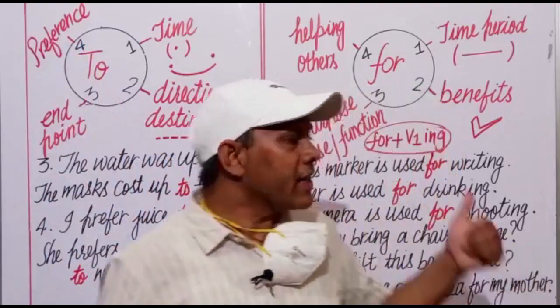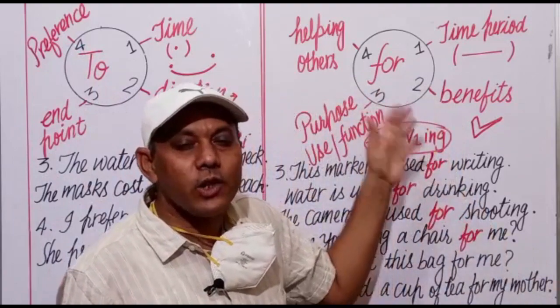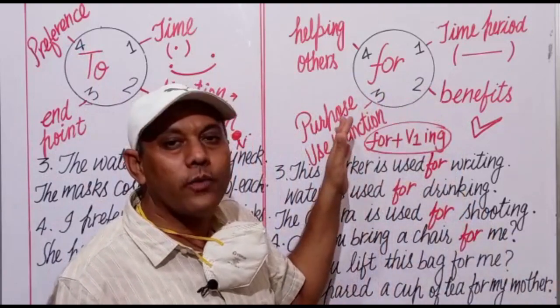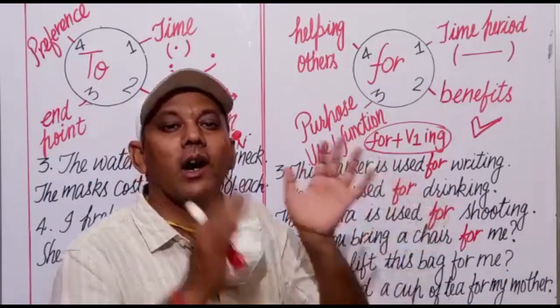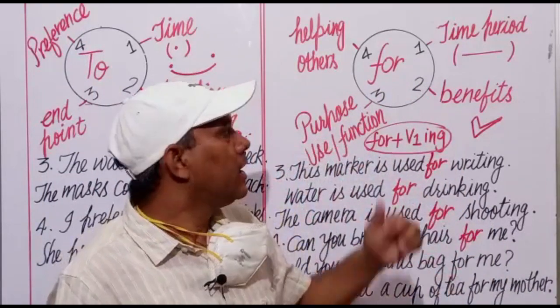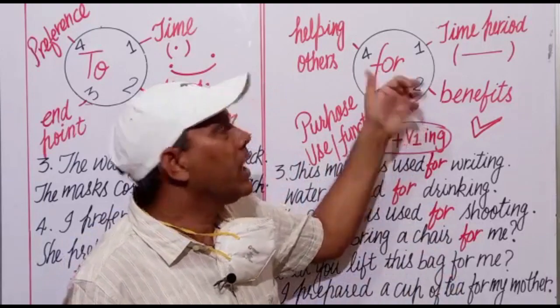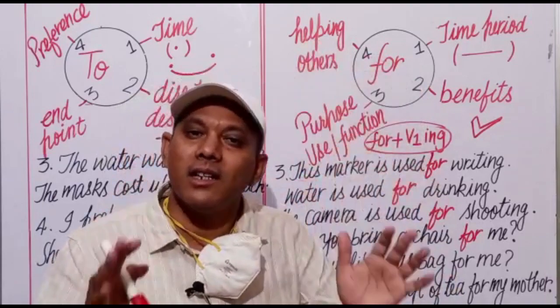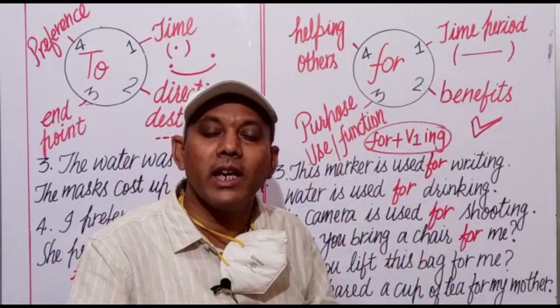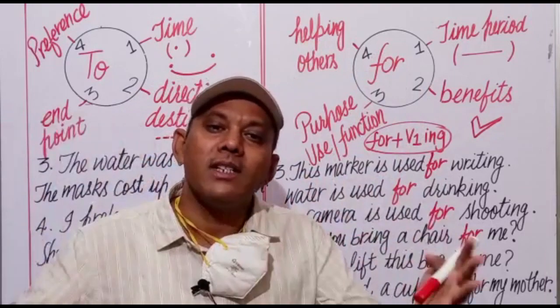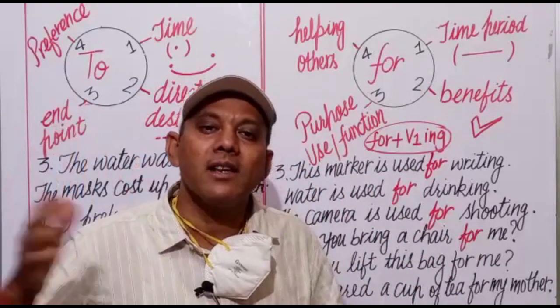And in case of for, we shall discuss the use of for in case of purpose, use or function, and the use of for in case of helping others, or doing something on behalf of someone.